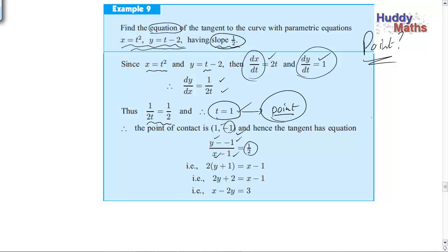Please remember, when they say equation of a tangent or straight line, you should be thinking, I need the slope or gradient and I need a point on it. So know your work, and then that helps you realise this is what's missing, and I have to seek out a value of t to lock in that point.